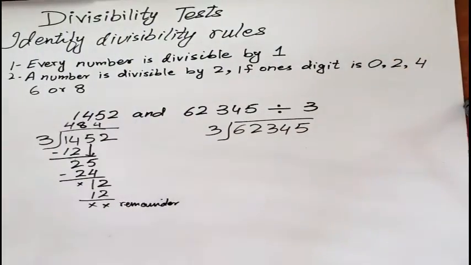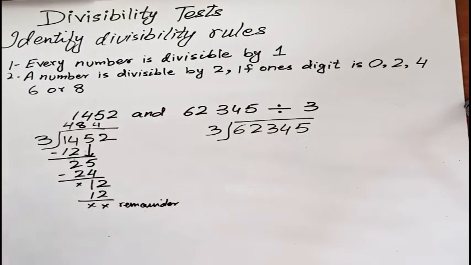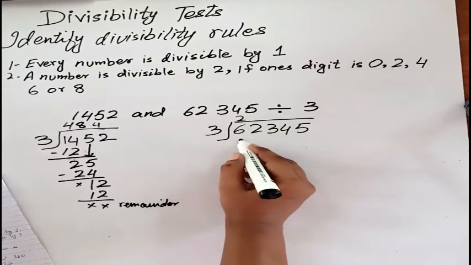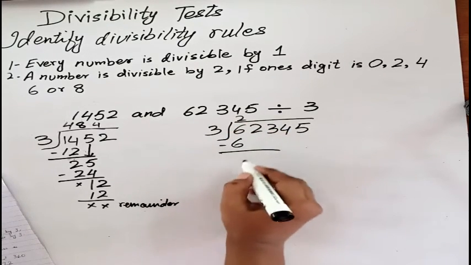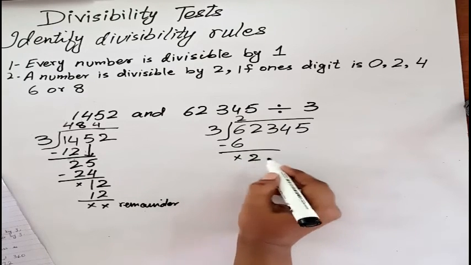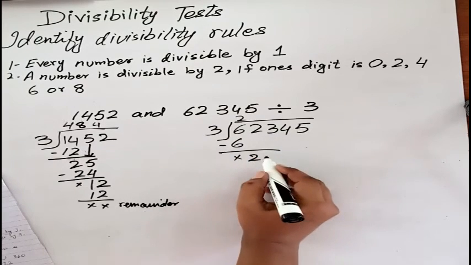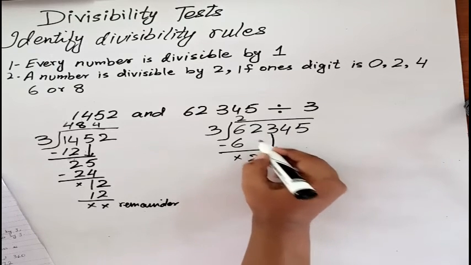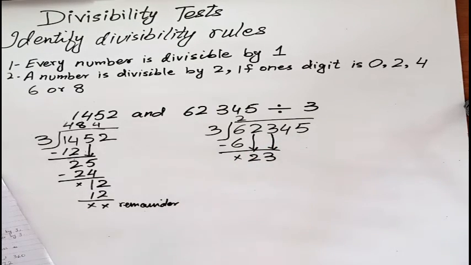That will 3 twos are 6. 2 is lesser than 3, we have to make it bigger. So we'll put 3 over here. This has become 23. 3 1s are 3, 3 2s are 6, 3 3s are 9, 3 4s are 12, 3 5s are 15, 3 6s are 18, 3 7s are 21, 3 8s are 24.